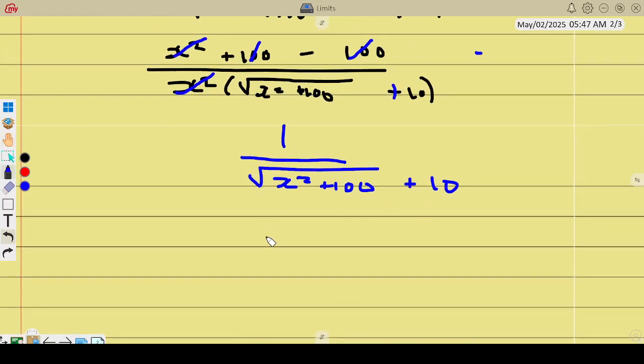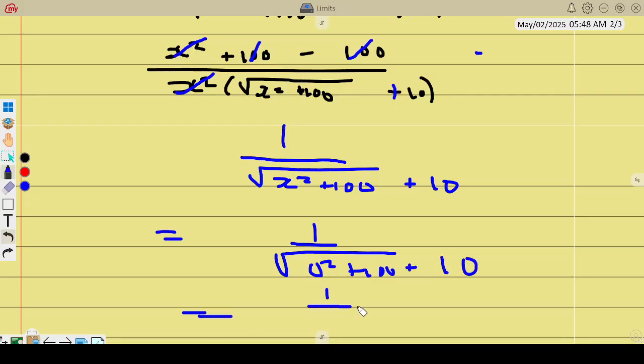So plus. So this will be the limit as x approaches 0, 1 over. Since I now want to substitute, I don't have to drop down the limit. So this will be square root of, what is 0 squared? 0 squared plus 100 plus 10.